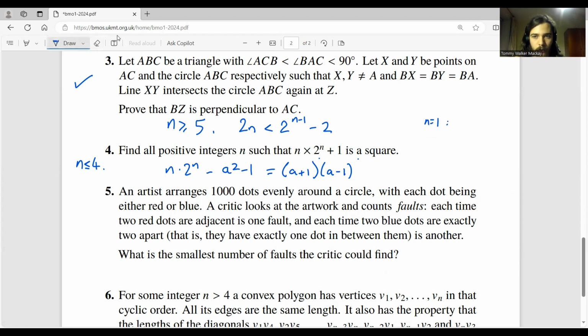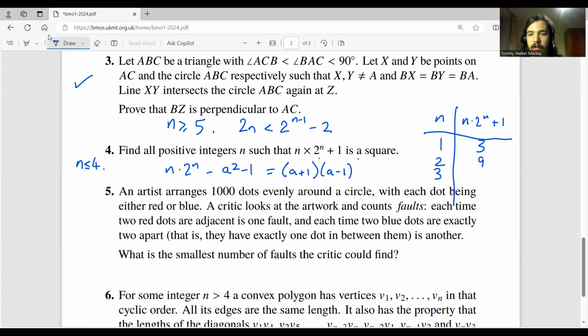So n equals 1. Hang on, let's make a table. So n, and then n times 2 to the n plus 1. For n equals 1, n times 2 to the n is 2, plus 1 equals 3. For n equals 2, n times 2 to the n equals 8, plus 1 equals 9.